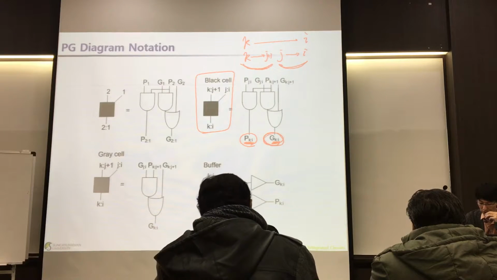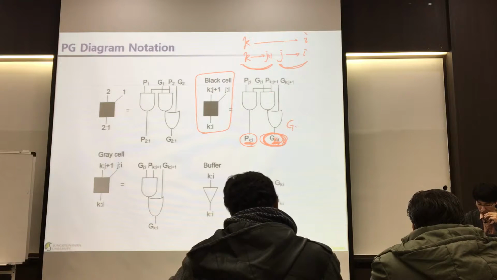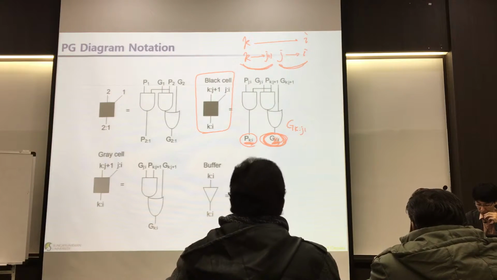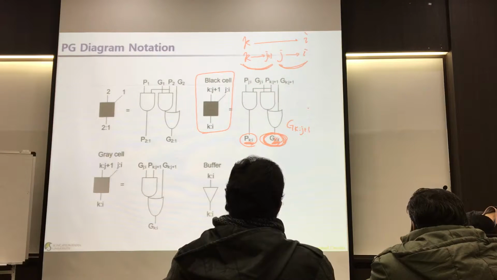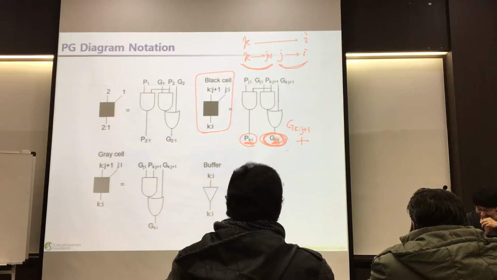So for the generation condition from K to I, what you do is you take K to J plus 1, sorry, L means 1 in Korean.